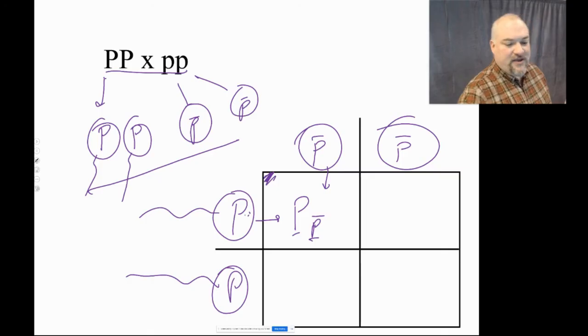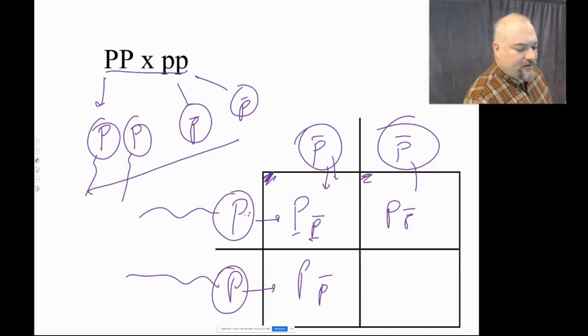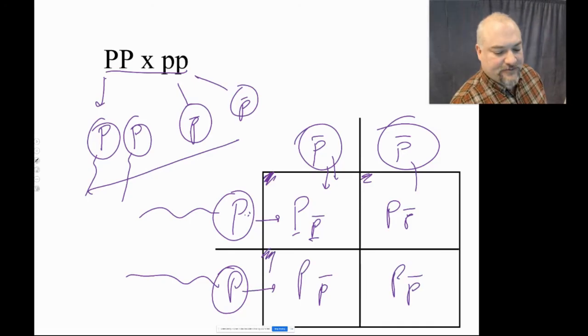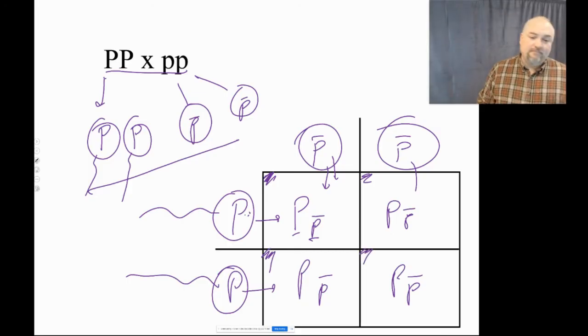This is a big P over here, and this little p down here, purple. Little p from the mother, big P from the father, purple. And the last one is the same combination. Pretty straightforward. As well, we wound up with all heterozygous kids.